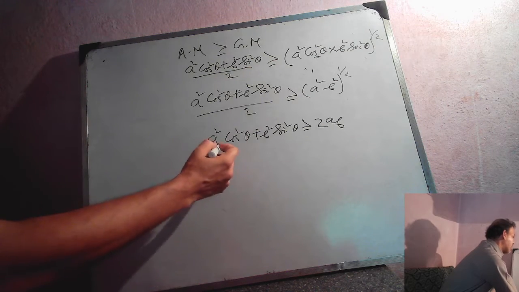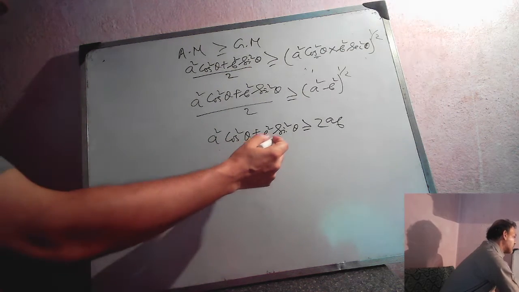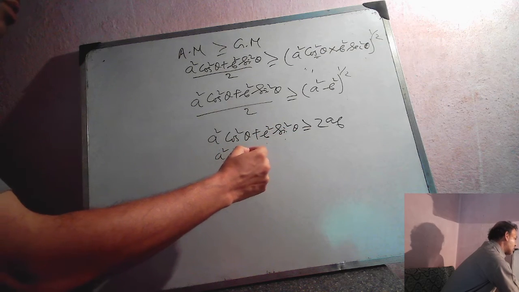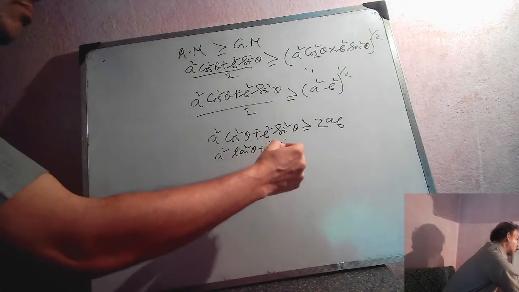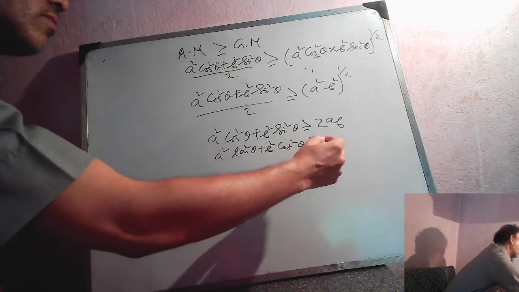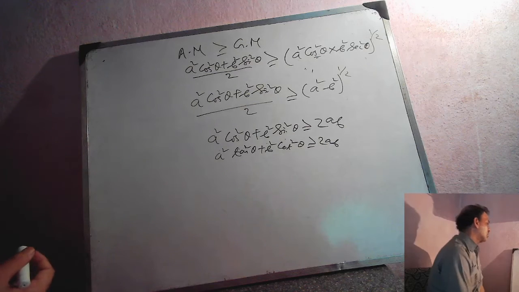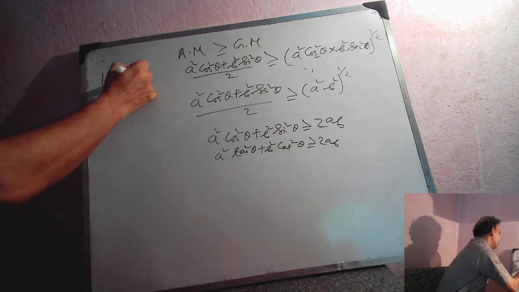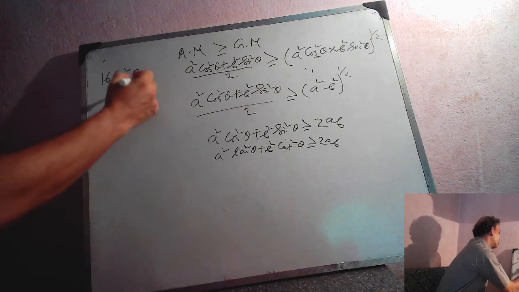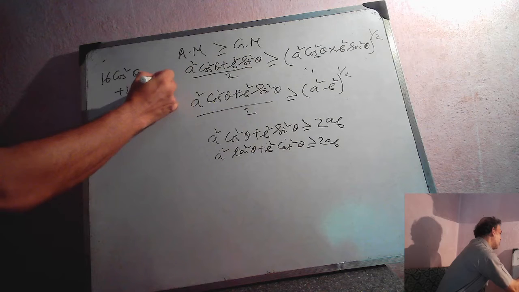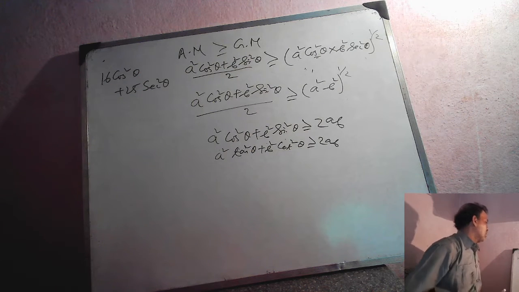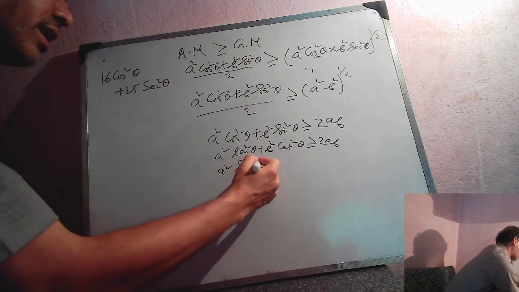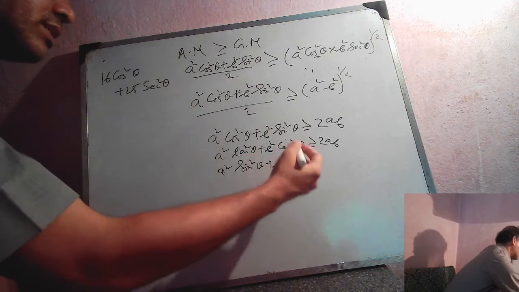Similarly, we can derive that for a square tan square theta plus b square cot square theta, the minimum value is also twice ab. Now what will be the minimum value of 16 cos square theta plus 25 sec square theta? If you notice these three results, you will have some idea about the nature of the terms.